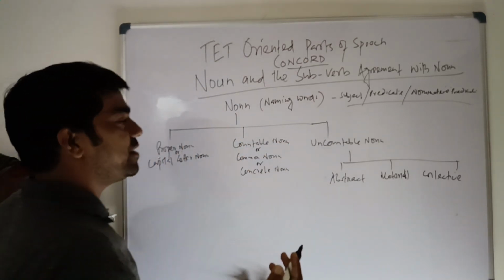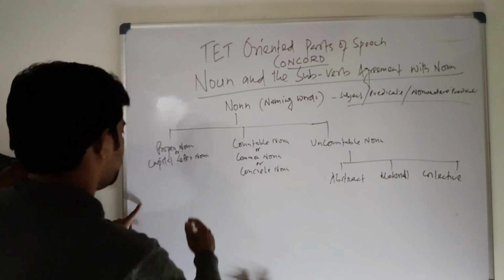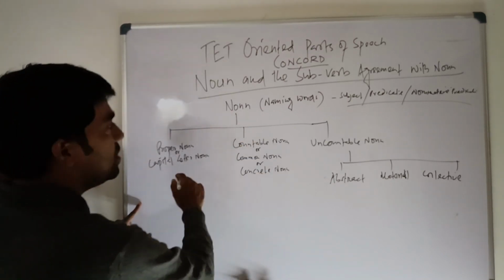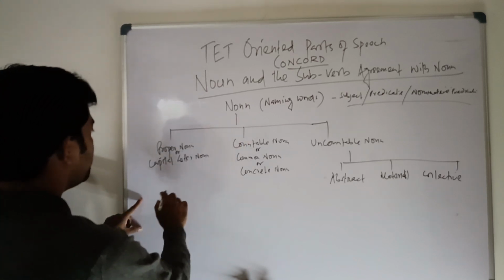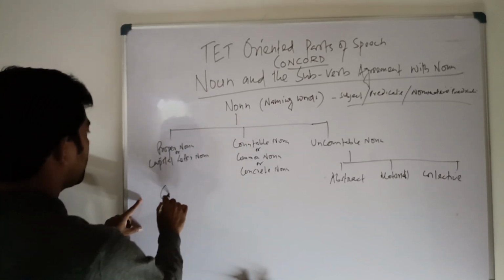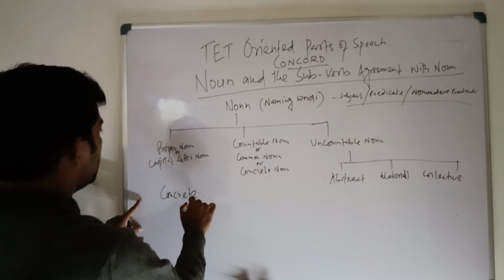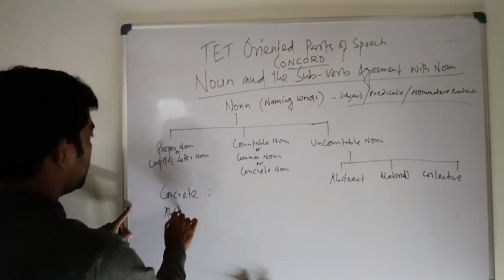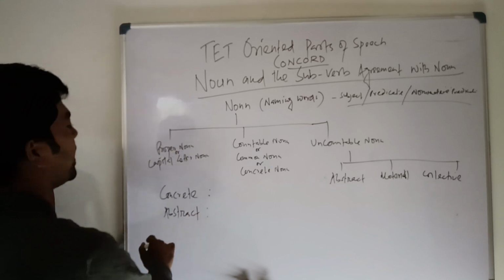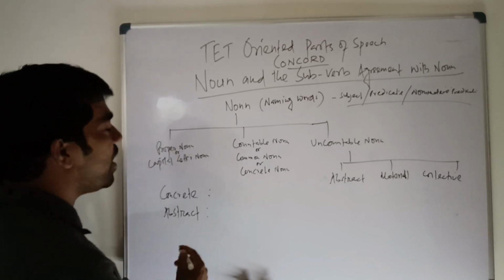In another way, we can classify noun as thus: concrete noun and abstract noun. Noun as concrete, and noun as abstract. In this way, we can divide noun.